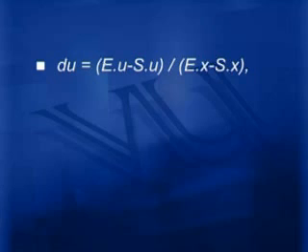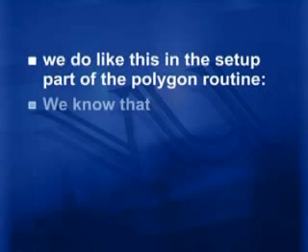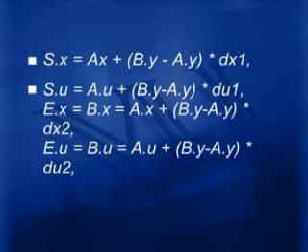We calculate the delta u, du, as e.u minus s.u, ending points minus starting points, divided by e.x minus s.x. Now we do similarly in the setup part of the polygon routine, if you can recall, and we know that s.x is equal to a.x plus (y minus a.y) times dx1, and s.u can be calculated as a.u plus (y minus a.y) times du1.